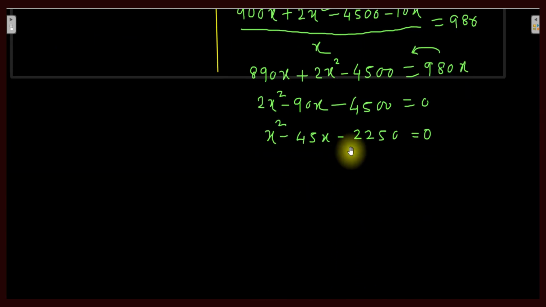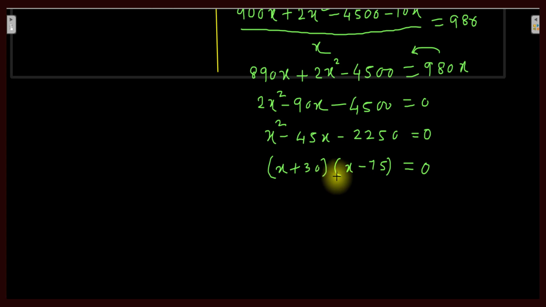Now we can solve this quadratic equation by splitting middle term. So I hope you must be knowing how to find the factors of the quadratic equation by splitting middle term. So I directly write the factors, and that factors will be x plus 30 into another bracket x minus 75, which is equal to 0.